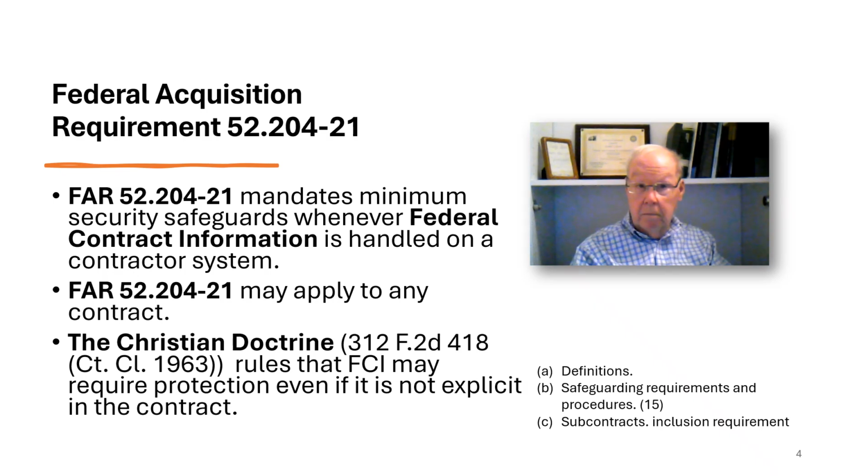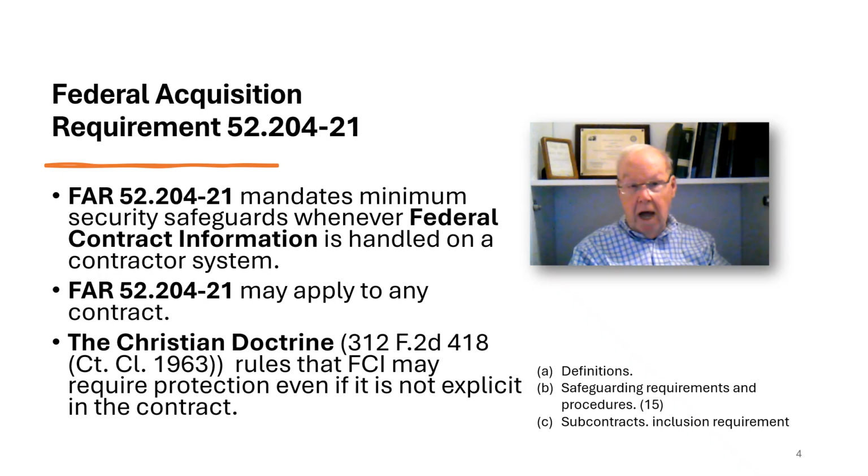But you can be assured that the safeguards are greater for CUI. If it doesn't say that it's FCI, and if it doesn't say 52.204-21 or now -93, you must still consider it FCI, unless you know that it's exempted by the fact that the government says it can be released.